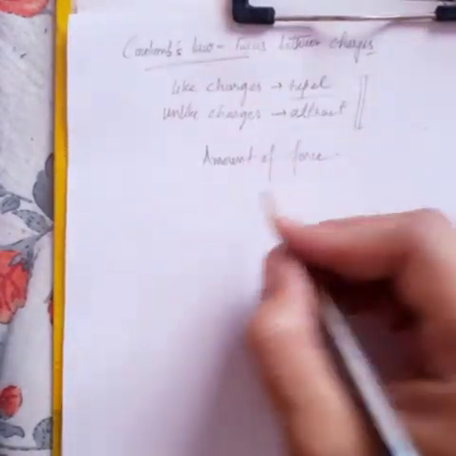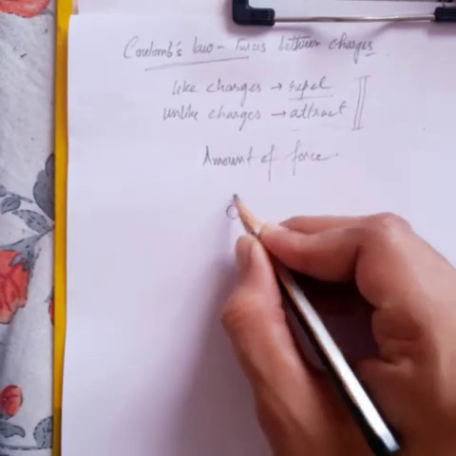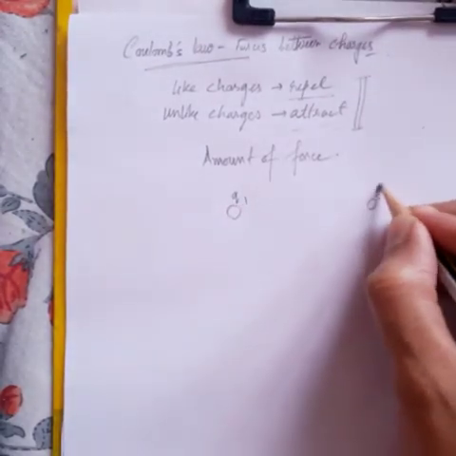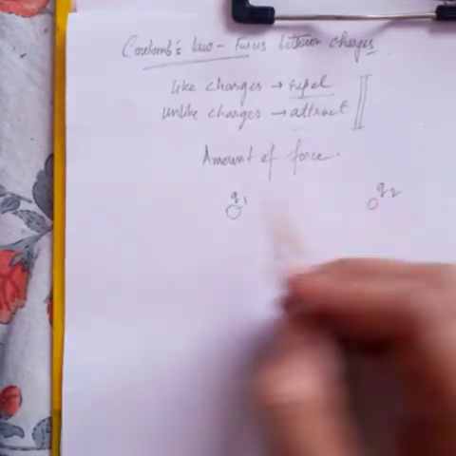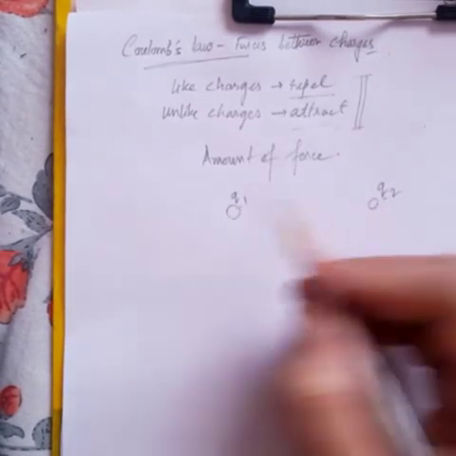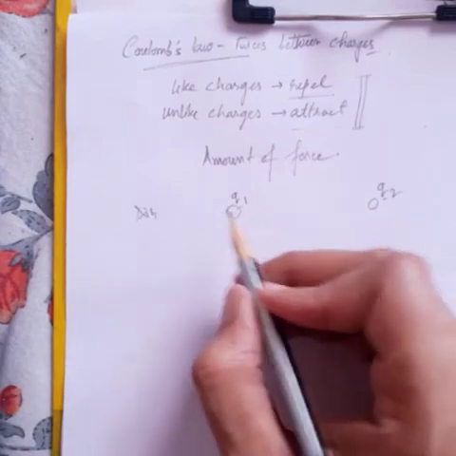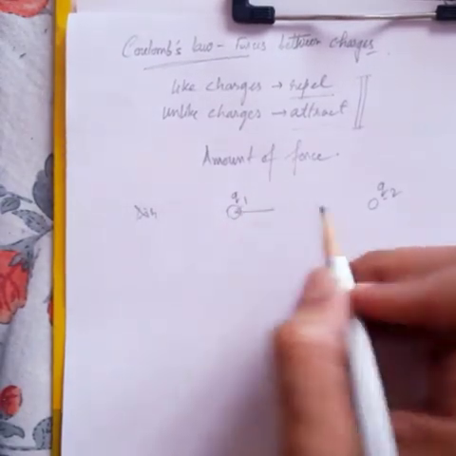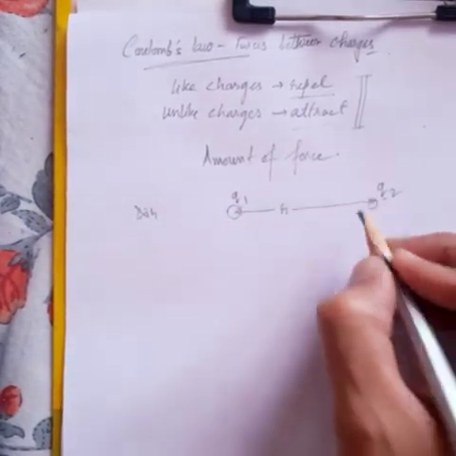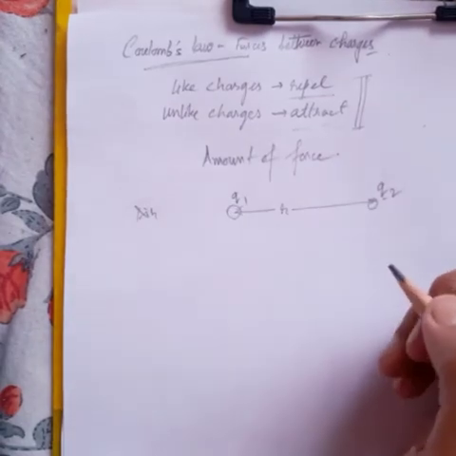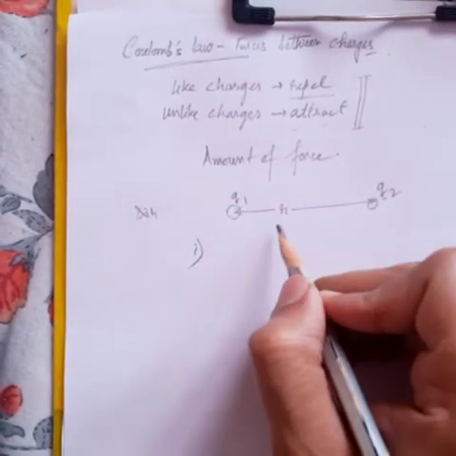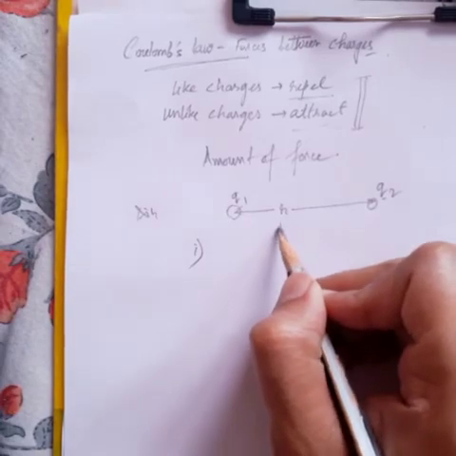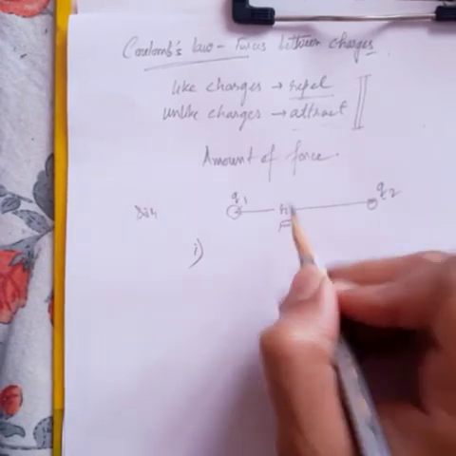Coulomb's law states that suppose there are two charges Q1 and Q2. We usually denote charges by Q. So there are two charges Q1 and Q2 in air, suppose, and they are separated by some distance r. According to Coulomb's law, they are going to exert some amount of force F on each other.